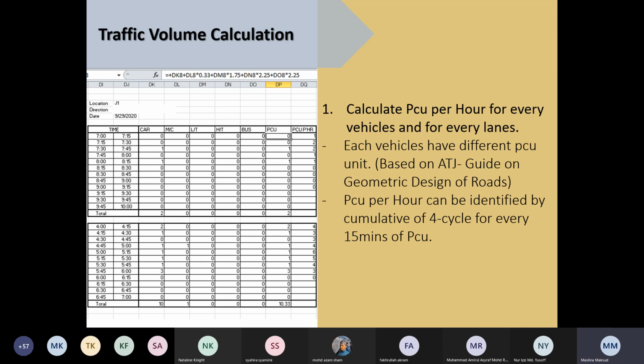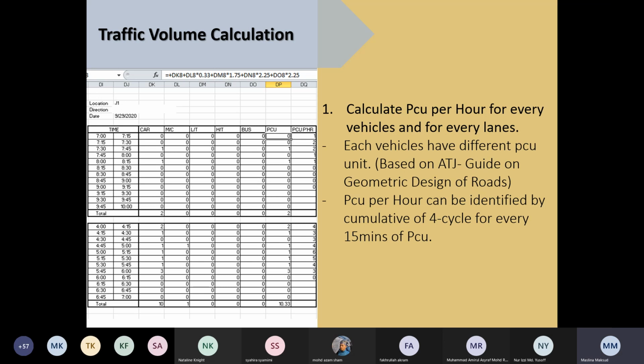And how to get it? We can identify it by cumulating 4 cycles for each hour of our data collected. As you can see here, we collect our data for every 15 minutes, so 7 to 7:15, 7:15 to 7:30.